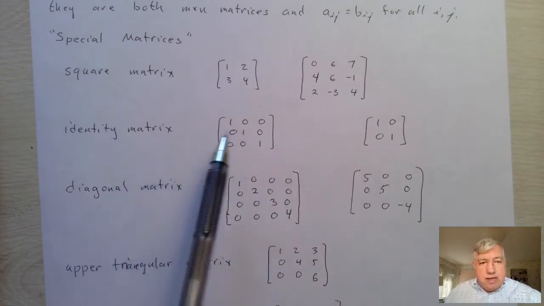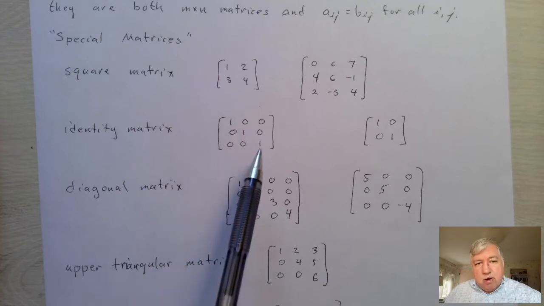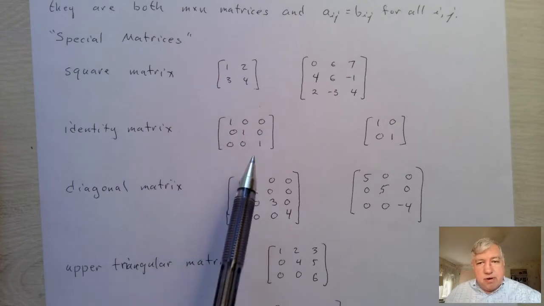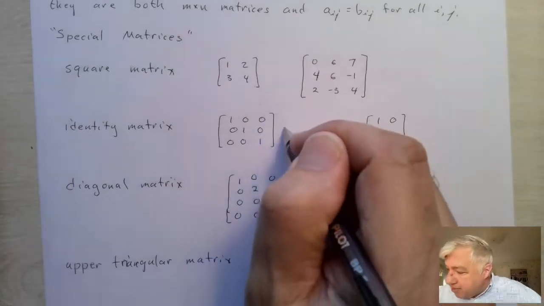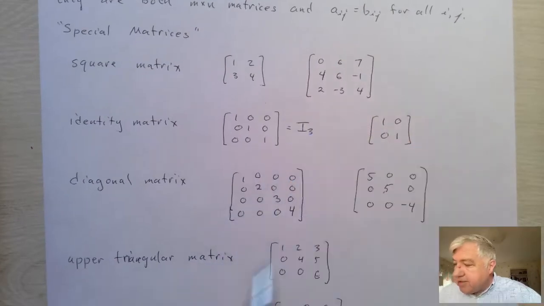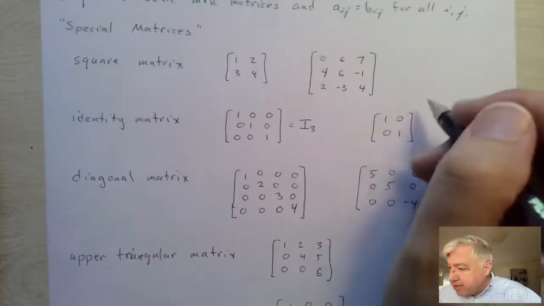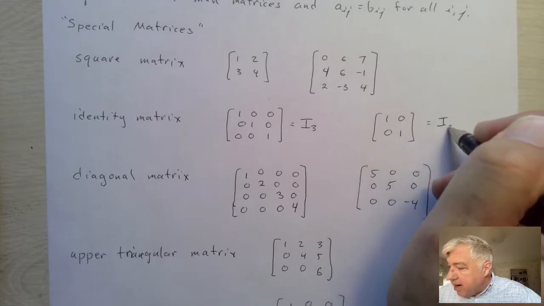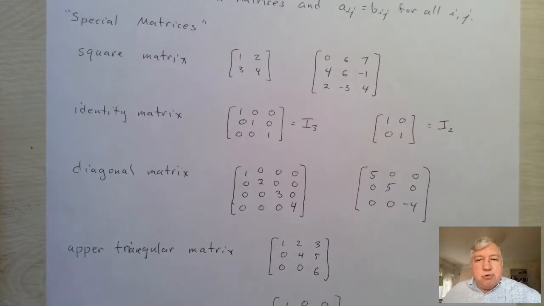So the identity matrix consists of just all ones on the diagonal and zeros everywhere else. This we call I3. It's a 3 by 3 identity matrix. Sometimes we'll denote this I2. It's a 2 by 2 identity matrix. And we're going to see in a little bit why they're called the identity matrix.